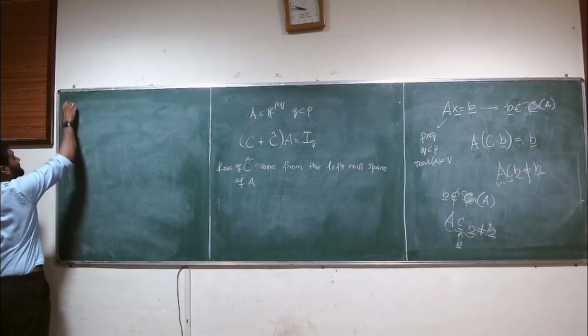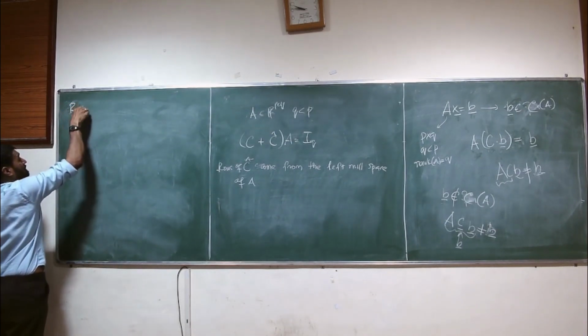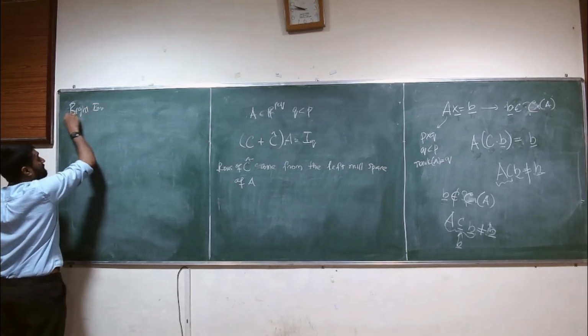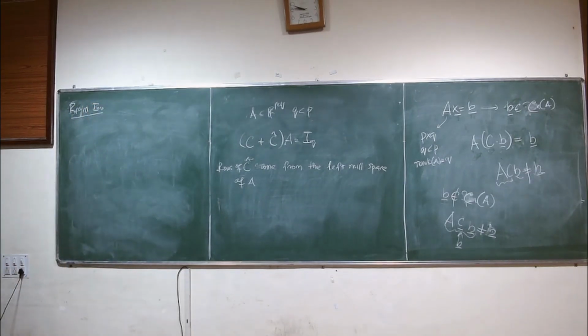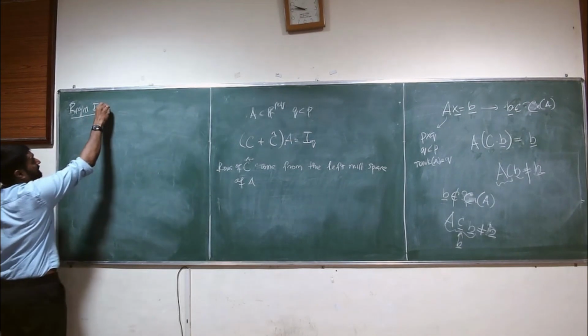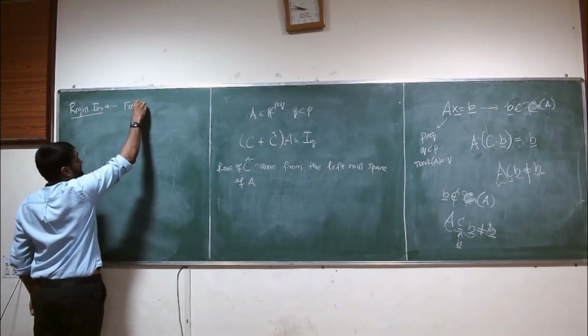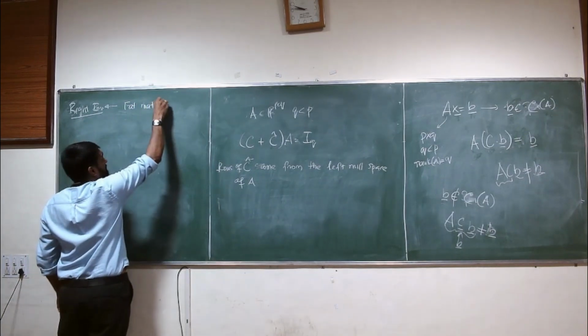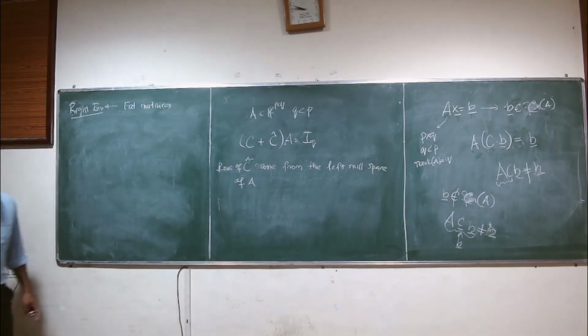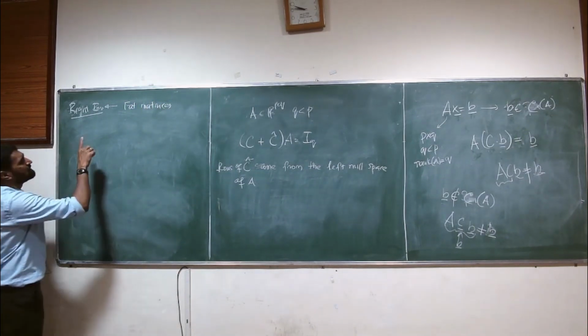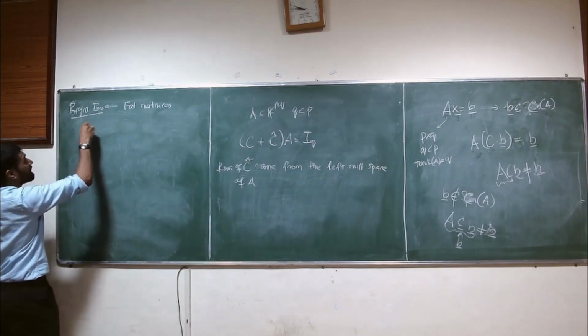Now we'll talk about the right inverses. Right inverses exist for fat matrices.